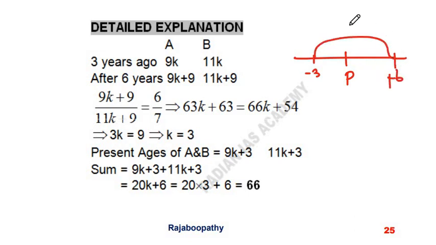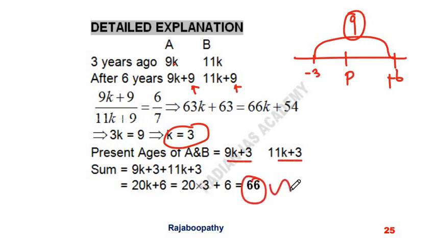So therefore the difference is 9. So you have found K is 3. Therefore the present ages of A and B are 9K plus 3 and 11K plus 3. So the sum of their ages is 66. Next question.